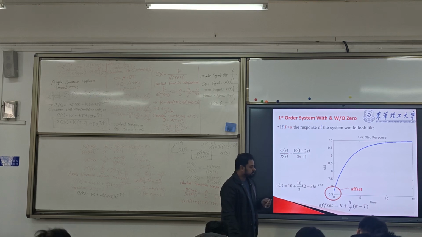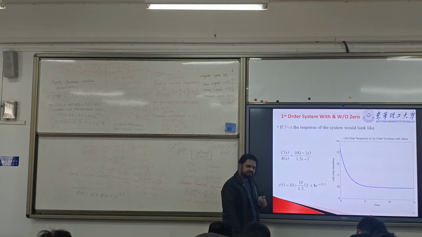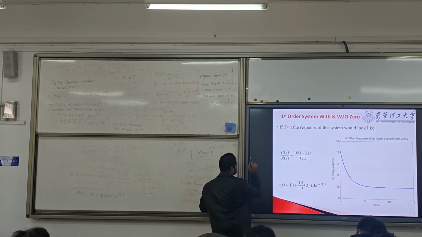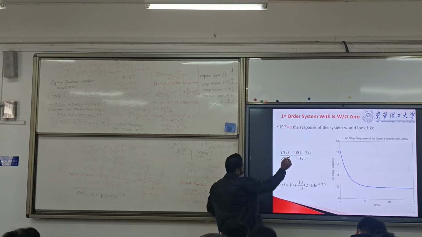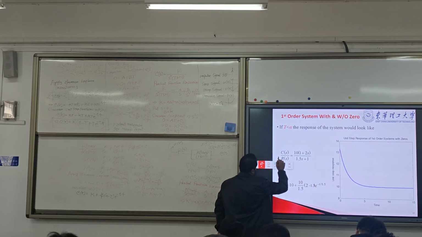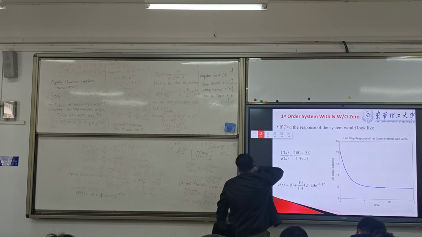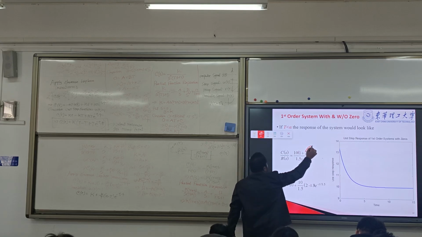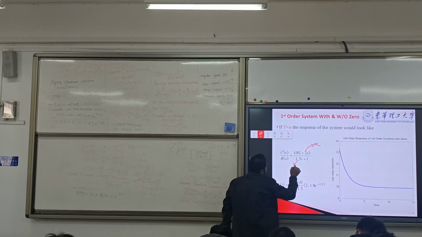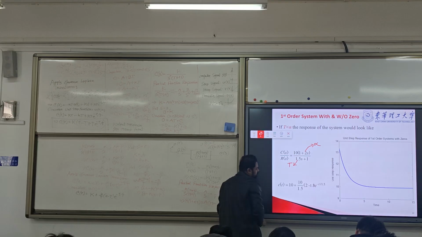So this system will start from the offset point. Now suppose here if we have another system, again here alpha, here there is T, so calculate it.